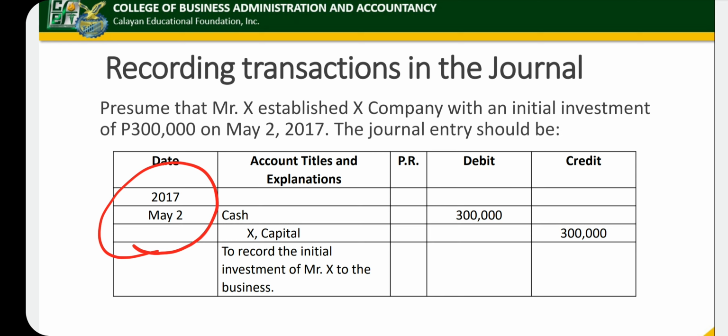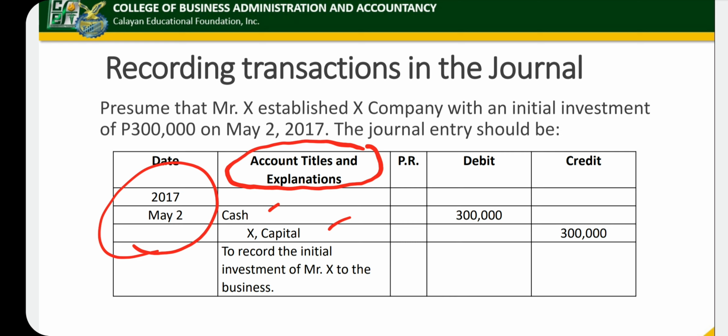Then on the second column, we're going to write the account titles and explanations. So in this transaction, we identified that two accounts or two account titles are affected, which are cash and X capital. So the rules of debits and credits will be discussed in a separate lecture.